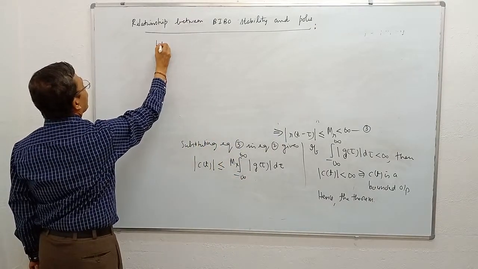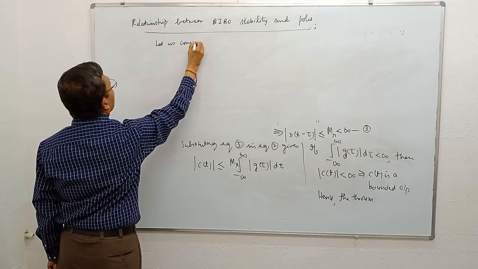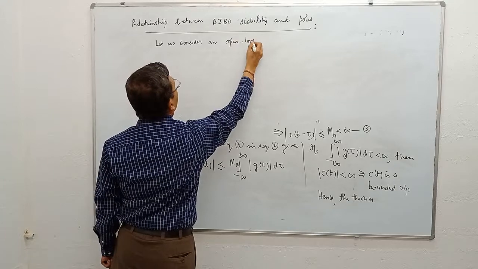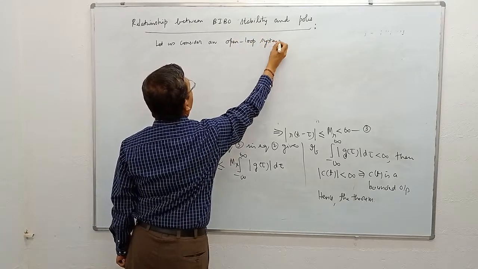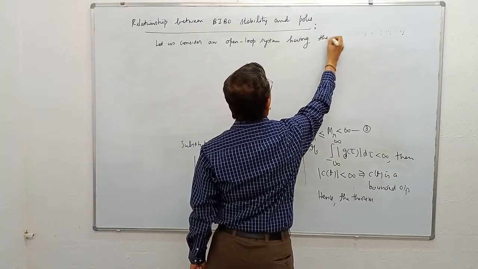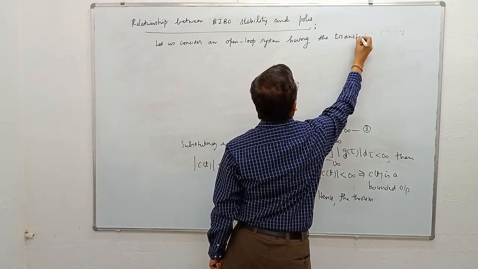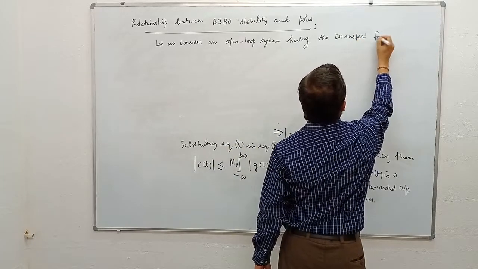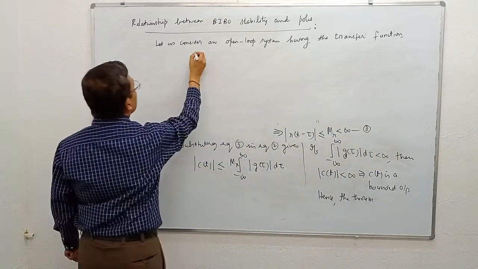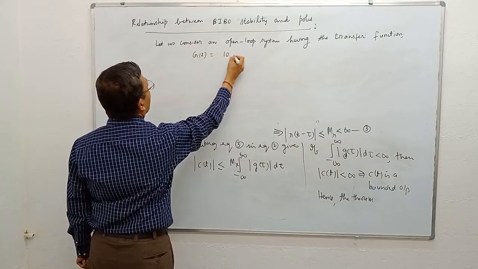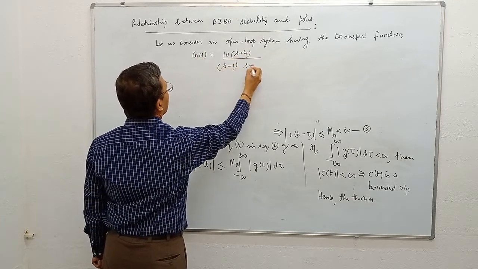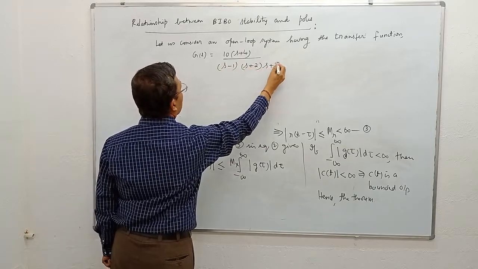Let us consider an open loop system having the transfer function G(s) = 10(s + 4) / ((s - 1)(s + 2)(s + 3)).